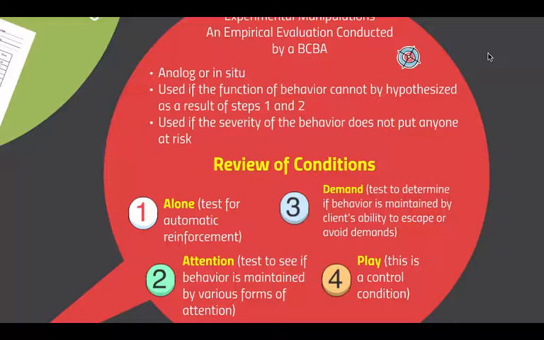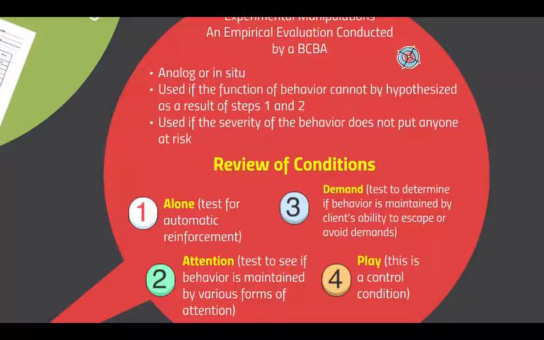So it becomes very complicated to do a functional analysis if the person is extremely aggressive and there's a high likelihood of injury to other people, or maybe the person has a repertoire of self-injurious behavior, and there may be a high level of risk to the individual as a result of doing a functional analysis.